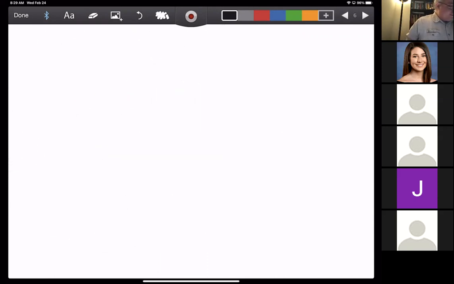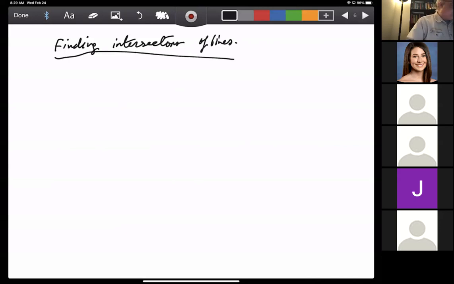Okay, so again, for lots of applications, you might want to figure out how two lines are related. So two lines in three-dimensional space could be related in one of three ways.